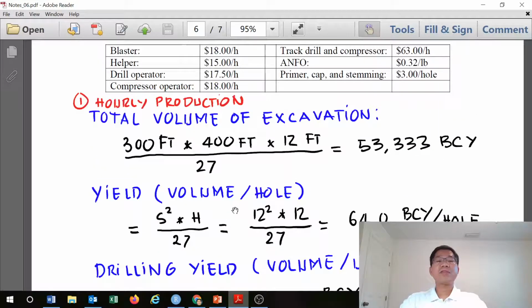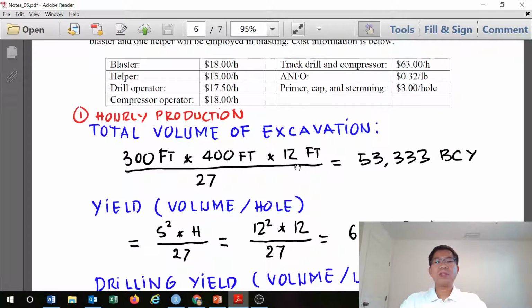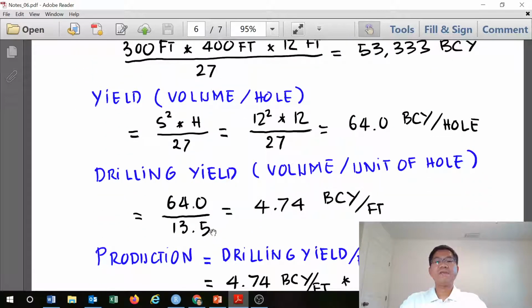And we drill at 13.5 feet to achieve an effective depth of 12 feet. So that is our labor. We need to spend this much, we get that much. We spend and drill 13.5 feet, what we have is an effective 12. So we count our effort as 13.5 feet. Divide that, and we get 4.74 bank cubic yards per foot. So that is the drilling yield.